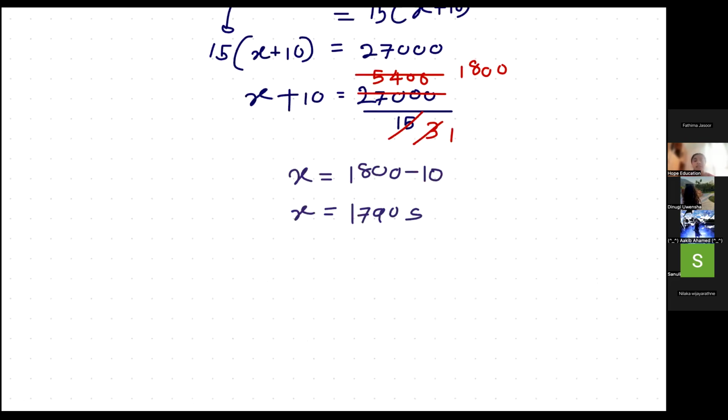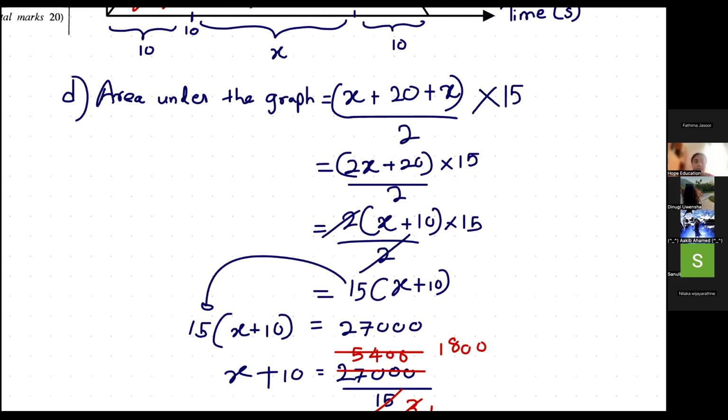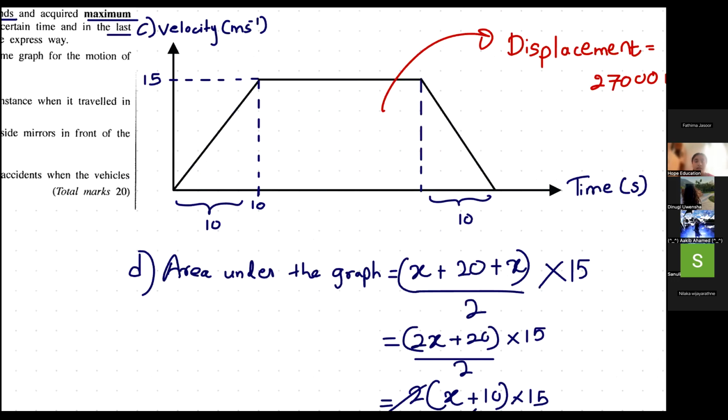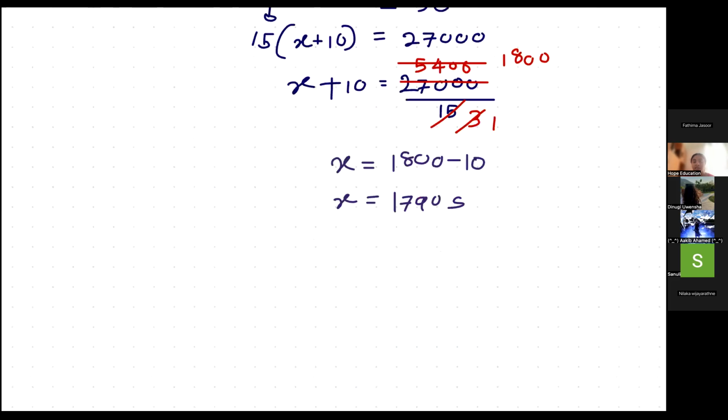So here they are asking the total time. Total time means, if this part is 1790, there are 10 seconds on this side and 10 seconds on this side. When we add all of them, that is the total time. So total time is 1790 plus 10 plus 10.